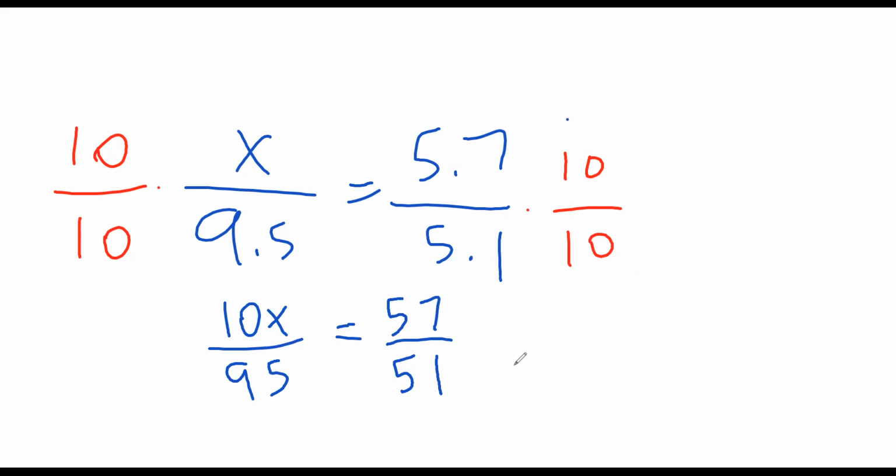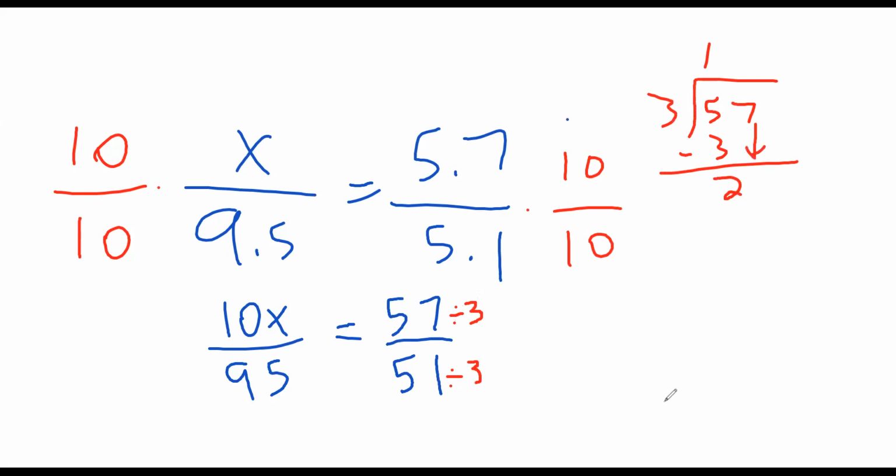So there's a couple things we can do here to simplify our lives. 57 and 51, it turns out, are both divisible by 3. In other words, we can reduce this fraction. I can divide a 3 out of the top, and I can divide a 3 out of the bottom. Groovy. If you divide 3 into 57, you'll get 19.